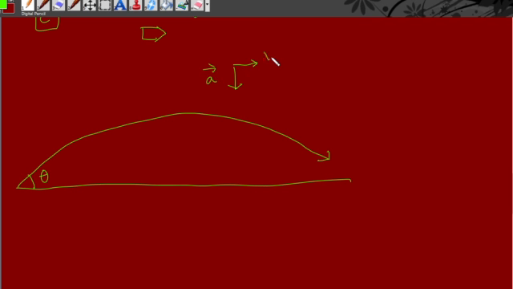It could either be this way or this way, but since the projectile moves to the right, we know it has to move this way at the point where it's perpendicular to the acceleration. And the velocity vector is always tangent to the path, which means the only place where it would be horizontal is right over here, the middle point, when it reaches its maximum height and goes down.